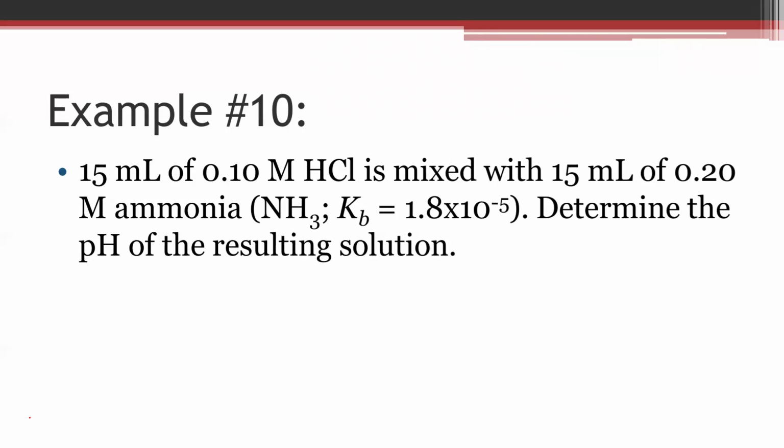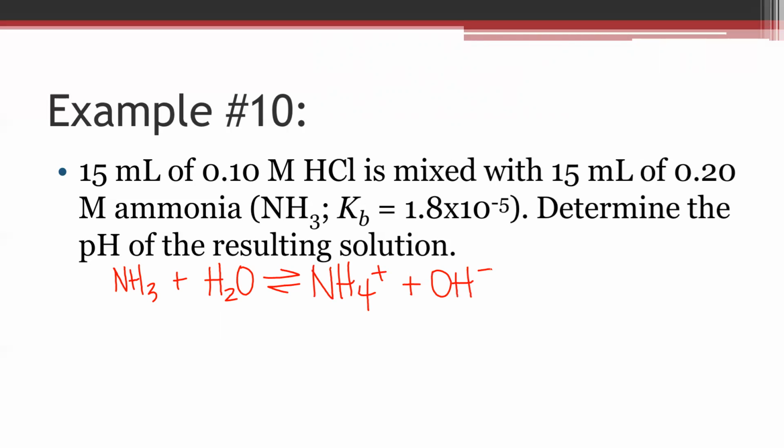The base is our NH3, reacting with water to result in the NH4 plus 1, the conjugate acid, and hydroxide. So when we have leftover base in the water, this is how we're going to be able to determine the pH. The base will help contribute hydroxide ions.